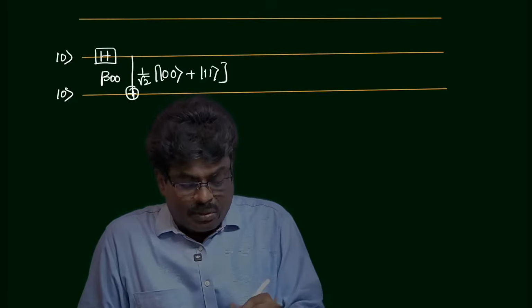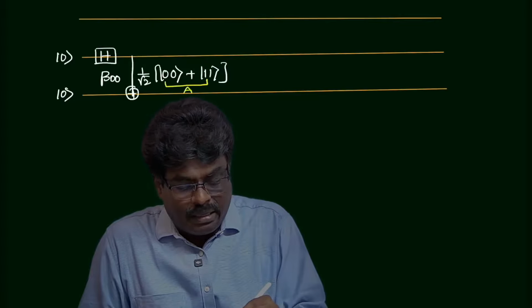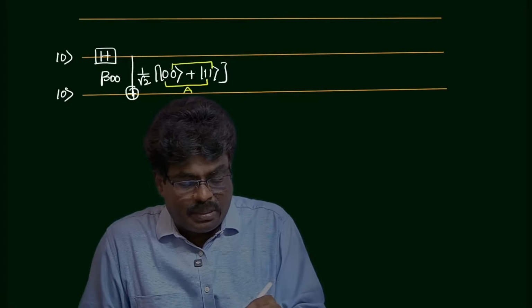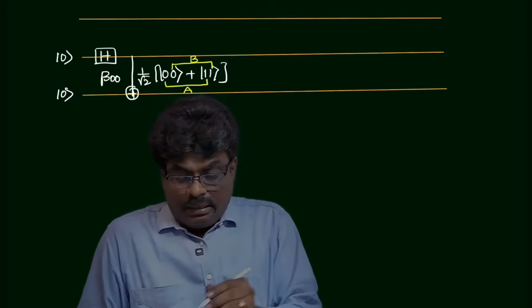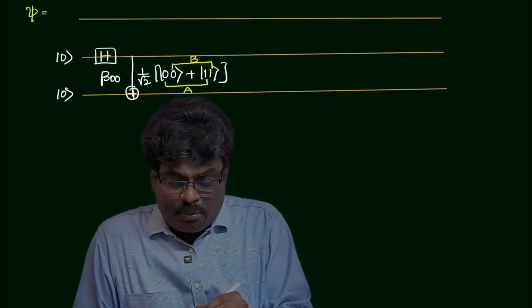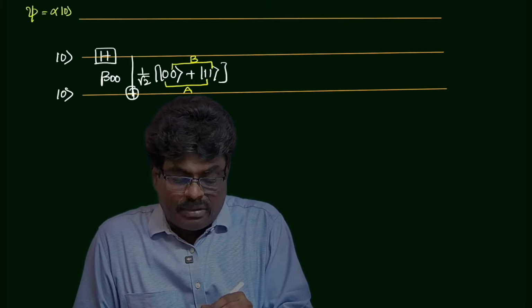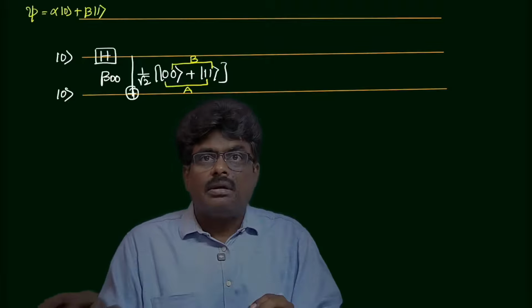Remember, these first qubits are taken by A and this second qubit is taken by B. Fine. And here whatever state we want to send from one point to another point, that is psi equal to alpha 0 plus beta 1. Right.